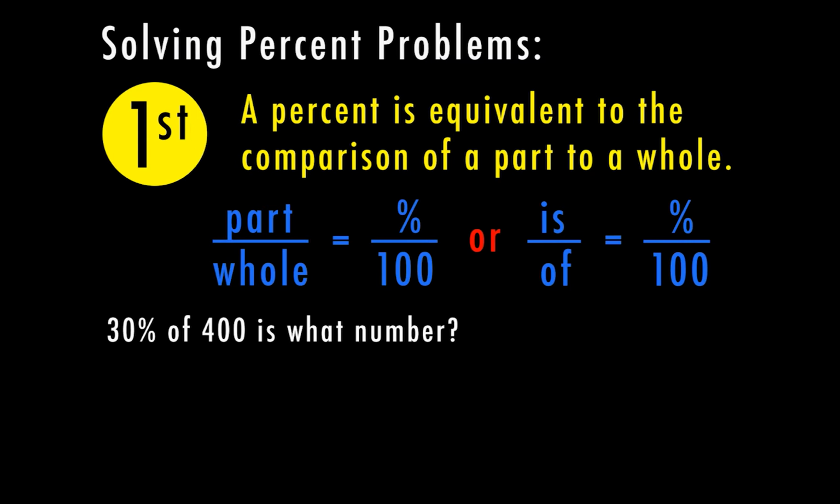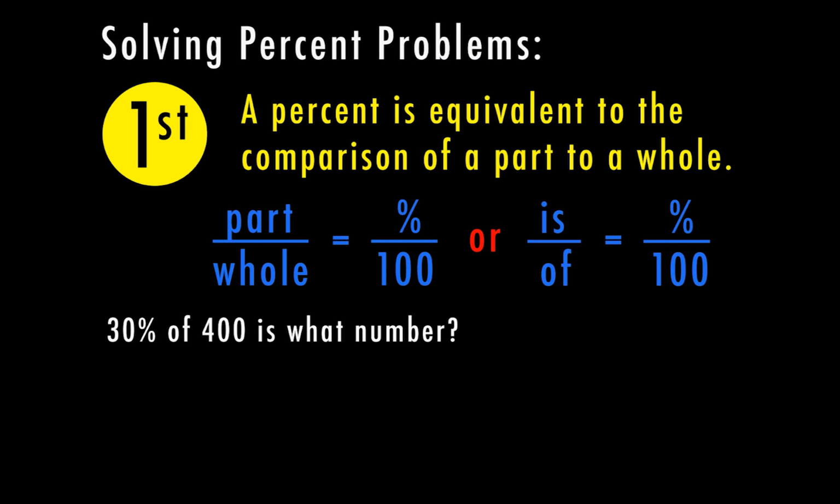In this sentence, I have 30% of 400 is what number? You notice we don't have the words part or whole in this entire sentence, but I can use this information and use my actual formula to plug it in.